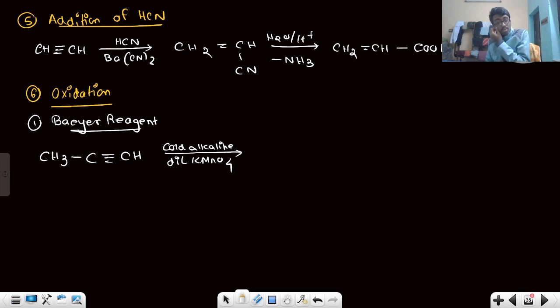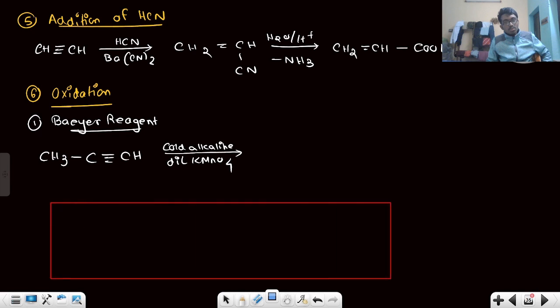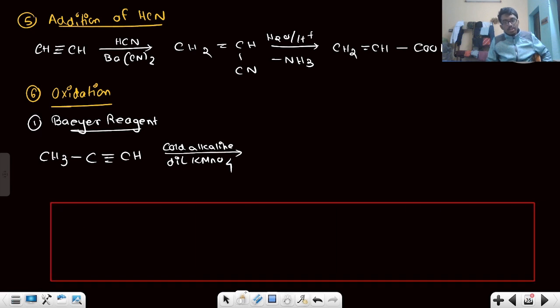To know what will be formed, you first have to know a few things. Just like previously I told you that a double bond =CH2 gets oxidized to CO2 and water, and =CHR gets oxidized to an aldehyde. Here also something like that is there.